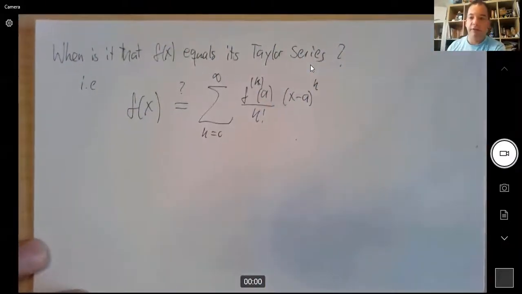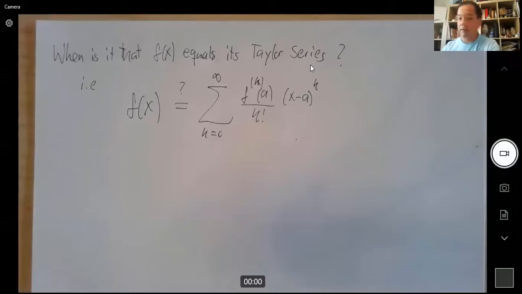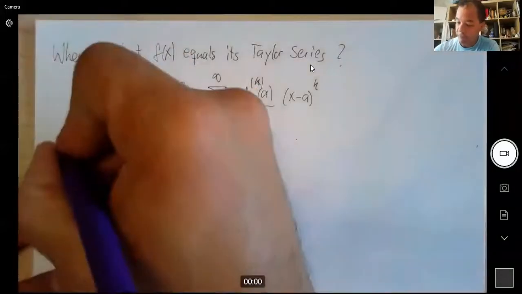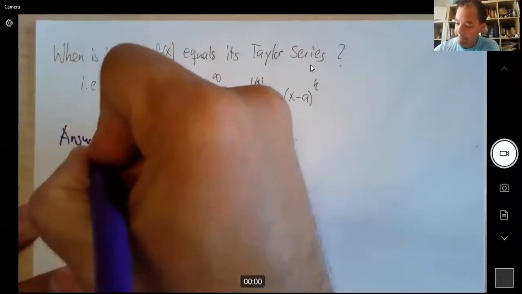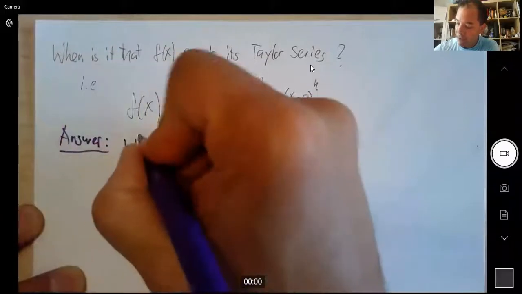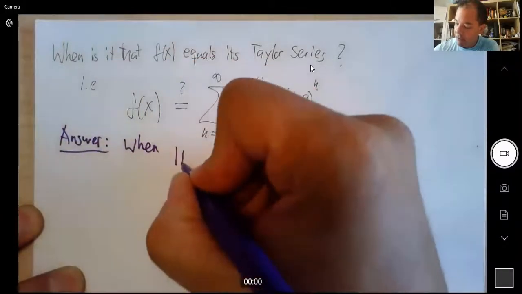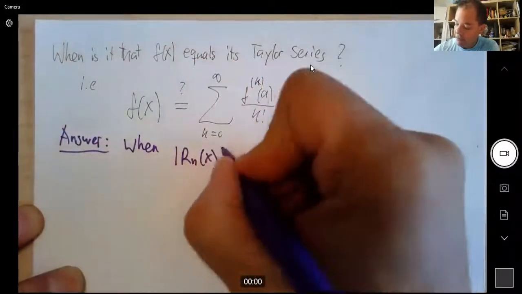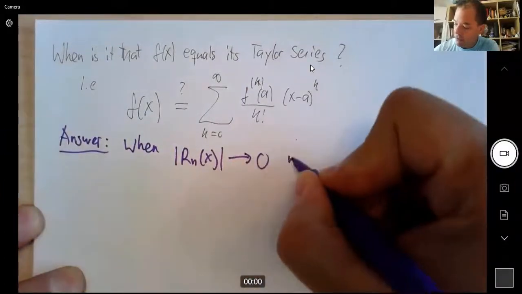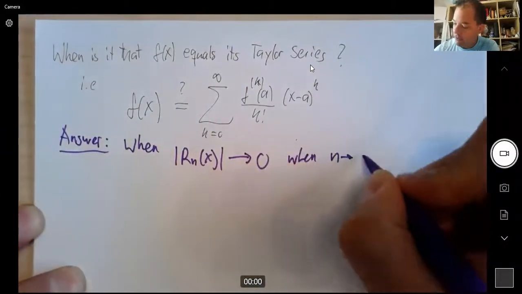And we saw that the answer is when we can show that the remainder approaches 0 when n goes to infinity.